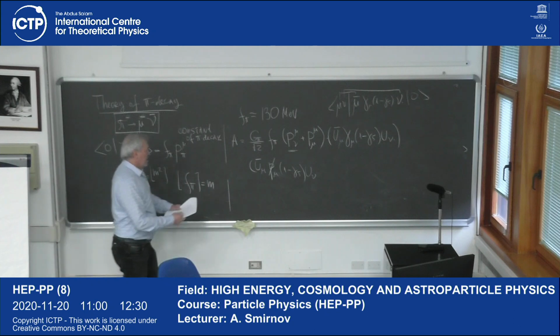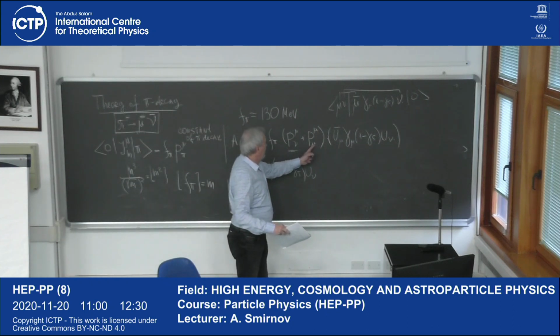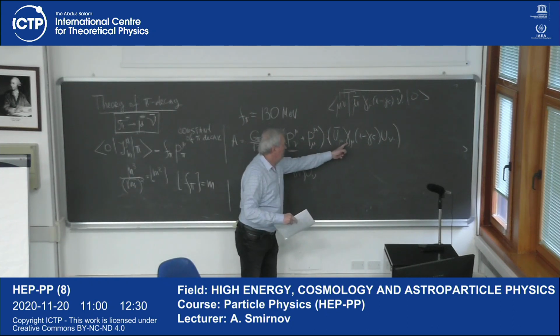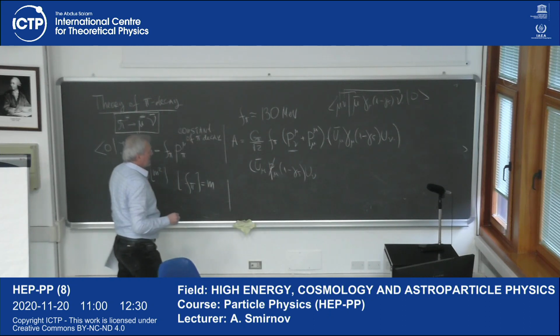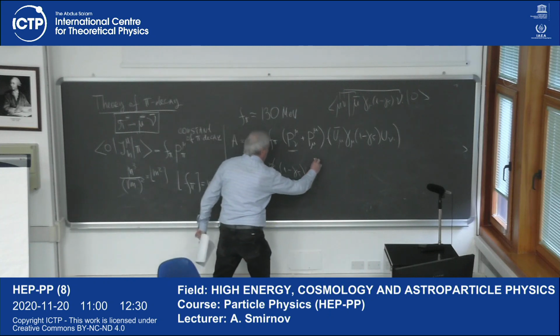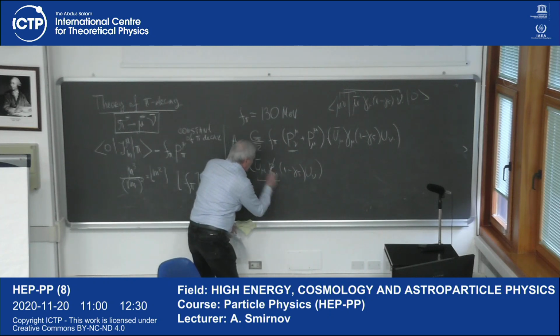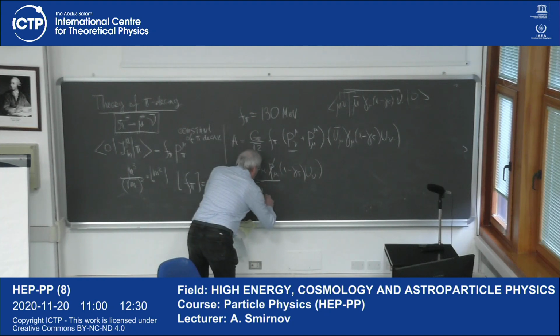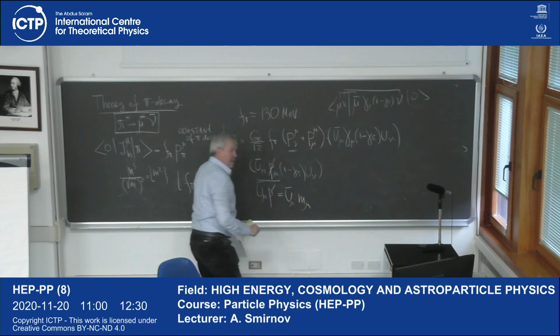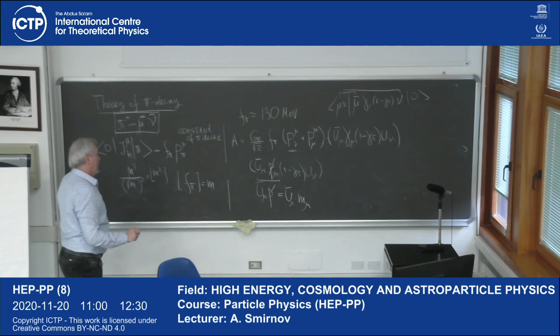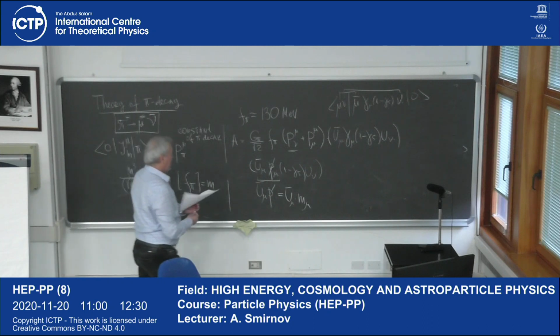Tell me if something is not clear. So I have this, and I connect with this gamma matrix. I have this momentum slash, and now again I can use the Dirac equation, ū_μ P-slash equals ū_μ multiplied by the mass of the muon. Okay?